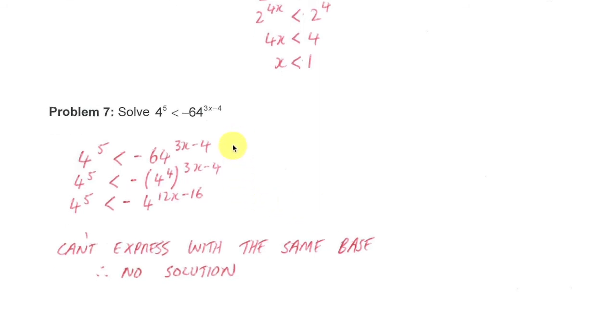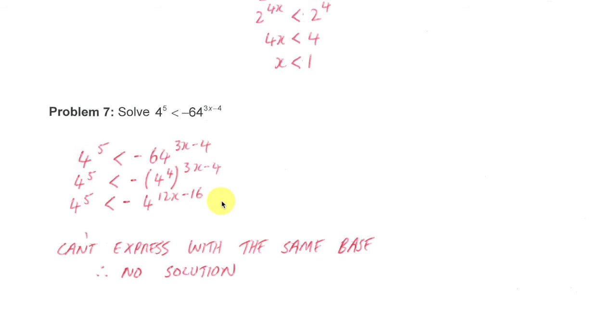Seven. So 4 to the power of 5 is less than negative 64 to the power of 3x minus 4. So let's start with the 64. I'm going to rewrite that so it's 4 to the power of 3. And then I'm going to get rid of the brackets, so I have 4 to the power of 12x minus 16. Notice on the left-hand side I have 4 to the power of 5, but on the right-hand side I have minus 4 to the power of 12x take 16.